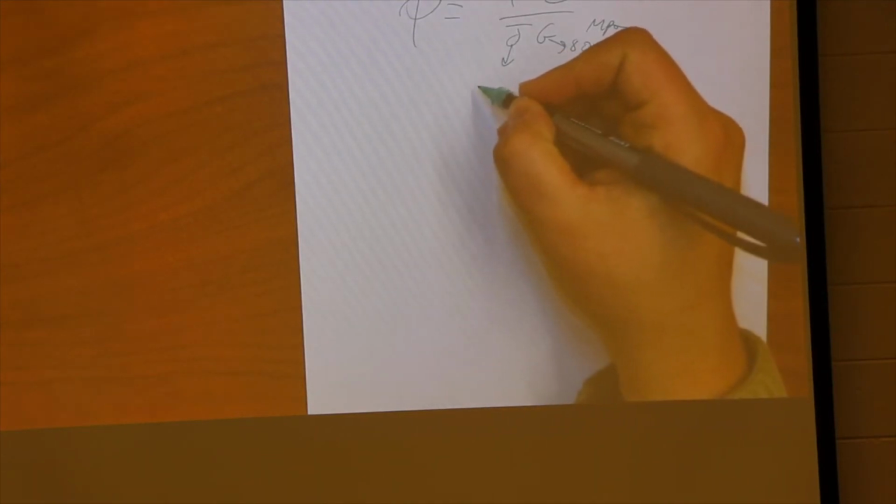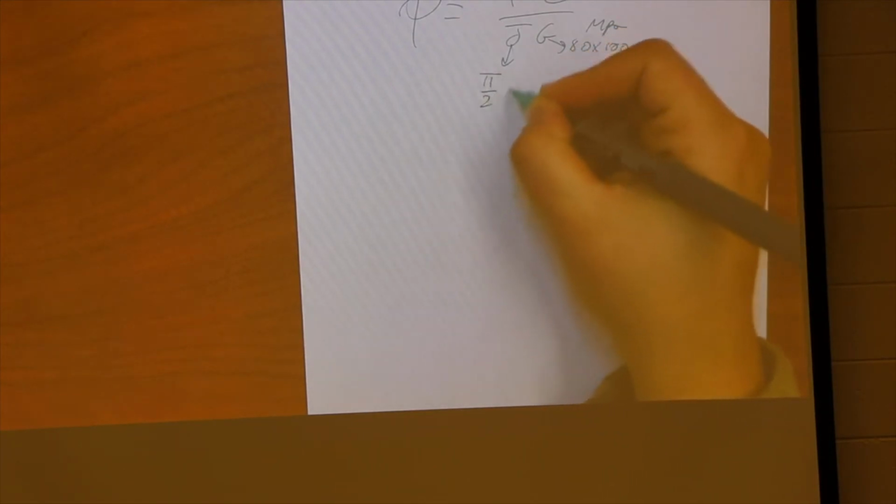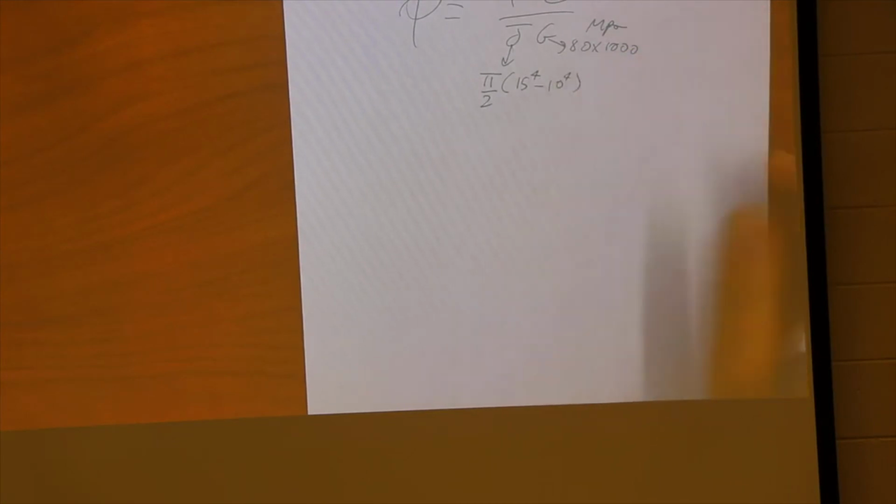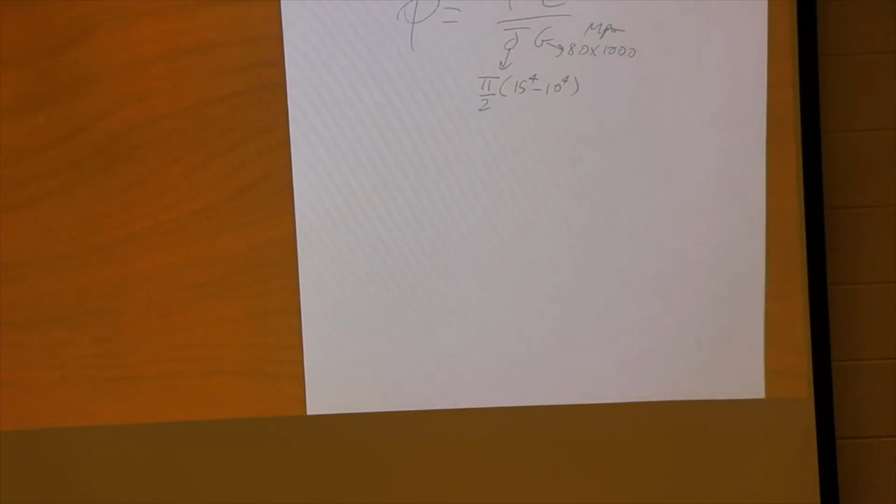J, what is J for a hollow pipe? For a circular section, pi over 2 c to the power 4. So this is pi over 2 times c outer, which is 15 to the power 4, minus 10 to the power 4. Any hollow section is outer minus inner, whatever the property is.